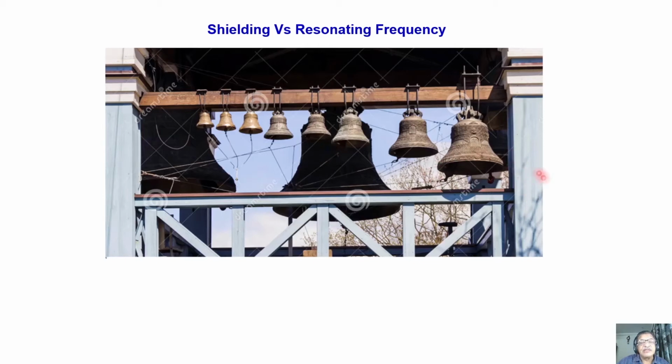See, this is a circular shape here, the charge distribution. This circumference is much larger than this, and this is much larger than this, and like this it goes. So it means the shielding is becoming more and more as you go from left to right. This is a simple diagram to give you an idea of how the shielding works.